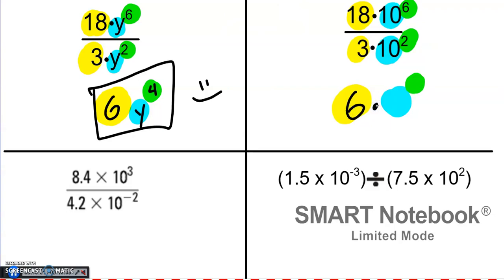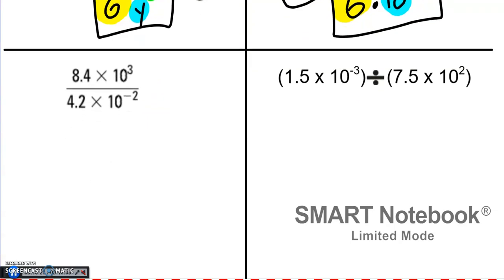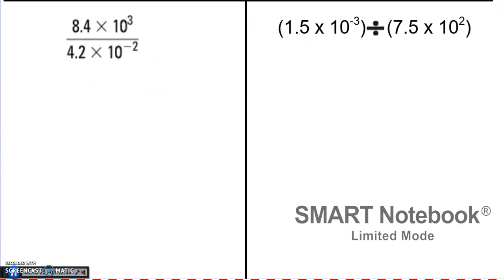We're going to fill in the multiplication symbol. Our base is still 10. The base doesn't change. But we have 6 of them in the numerator and 2 of them in the denominator. So that means 2 of them cancel out. 6 minus 2 is going to be 4. So we get 6 times 10 to the 4th.